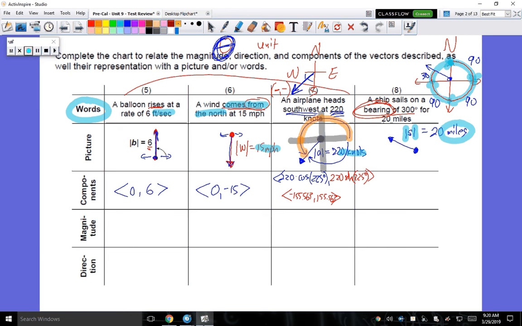All right, so now we are going at a bearing of 300. So the first thing that we have to do is remember that these angles that I was multiplying these magnitudes with are directional angles. Okay, they're unit circle angles. They're not bearings. So I need to look at this 300-degree bearing as a rectangular angle.